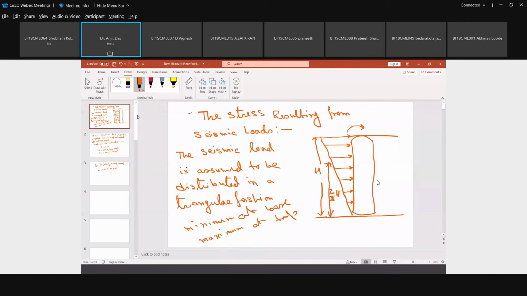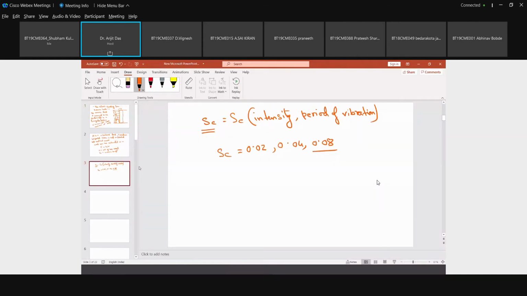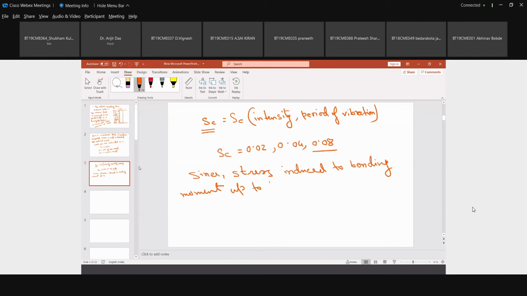So for the bending moment equations, the stress induced due to bending moment up to height x from the top of the column of the vessel.